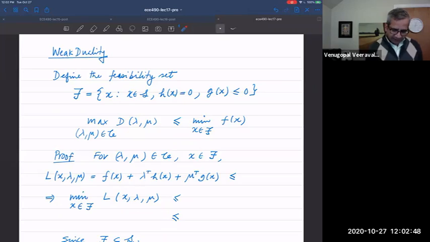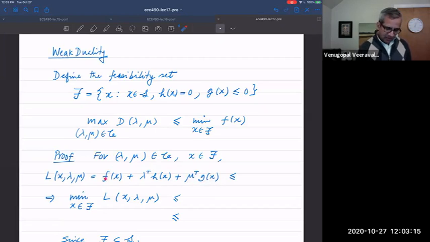Since x satisfies the constraint, h(x) is equal to 0, so this term goes away. For x belonging to F, g(x) is less than or equal to 0, and the mu's are greater than or equal to 0, so this term is less than or equal to 0.